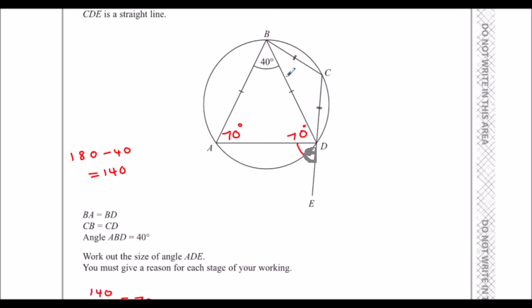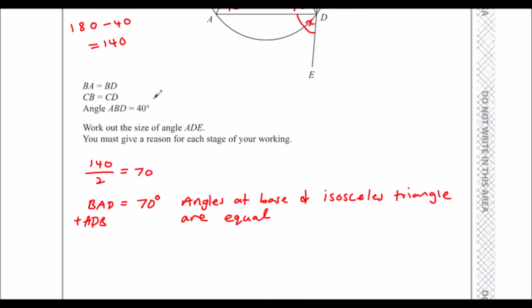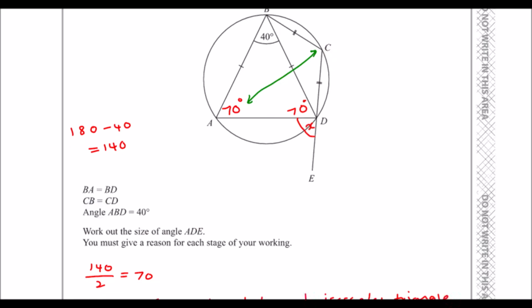And we've got a cyclic quadrilateral. So the opposite angles in a cyclic quadrilateral add up to 180. So 180 minus 70 is 110 degrees. So that's angle BCD.